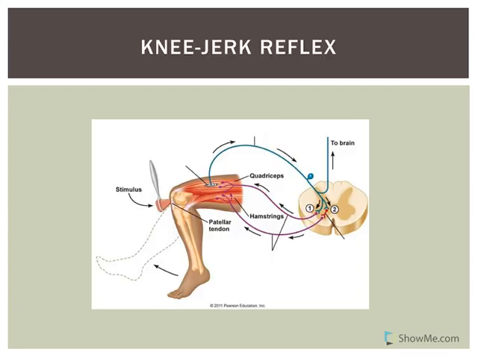So I'm going to use the knee jerk reflex to kind of illustrate that stretch reflex. With the knee jerk reflex, you tap the patellar tendon with the reflex hammer. What happens is it actually stretches the muscle, because the patellar tendon is attached to the quadricep muscle group. It stretches that muscle. And so here is the muscle spindle. So the muscle spindle is stretched.